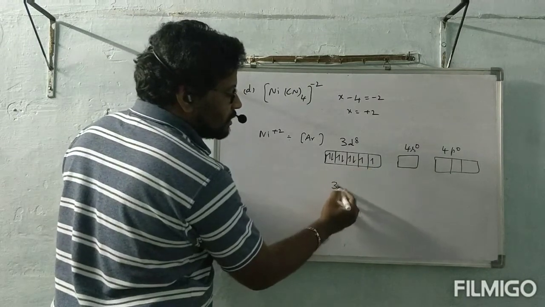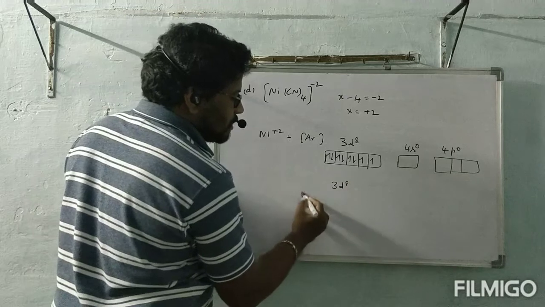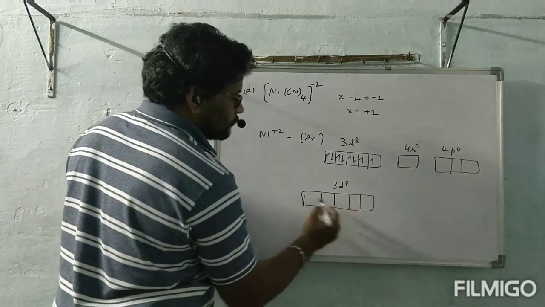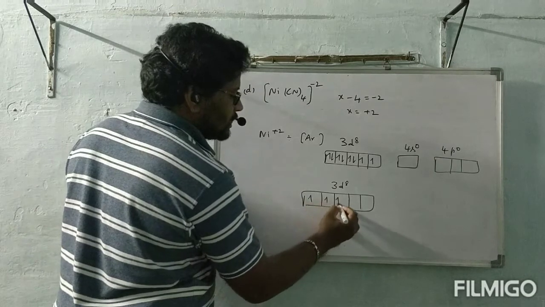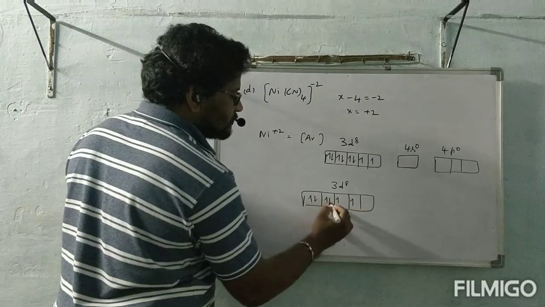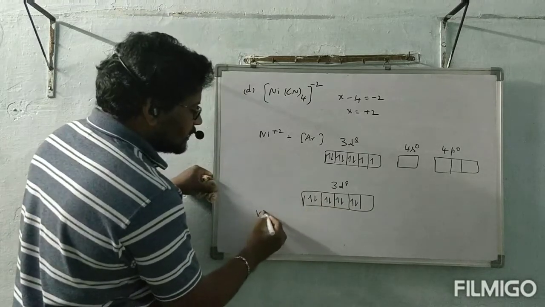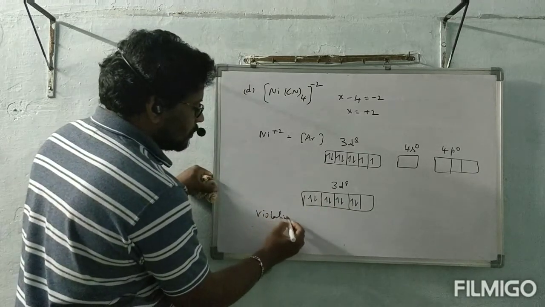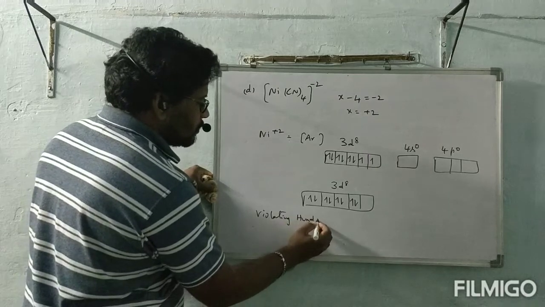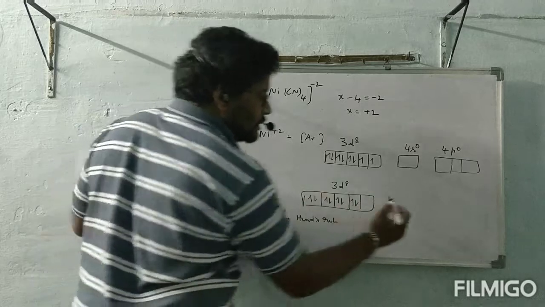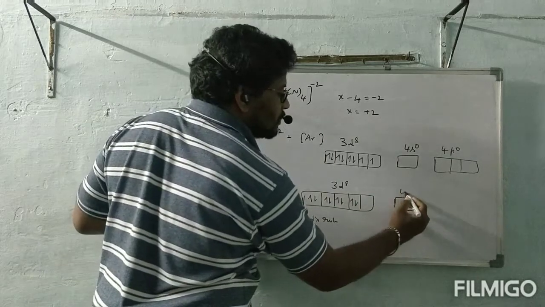Then it will become 3d8 only, 1, 2, 3, 4, 5, 6, 7, 8, violating Hund's rule.